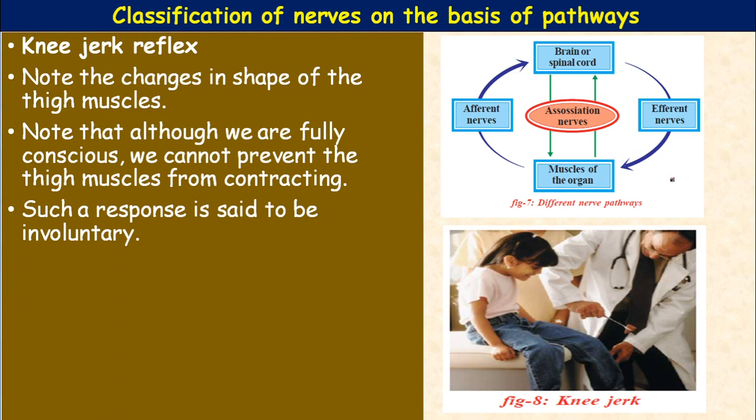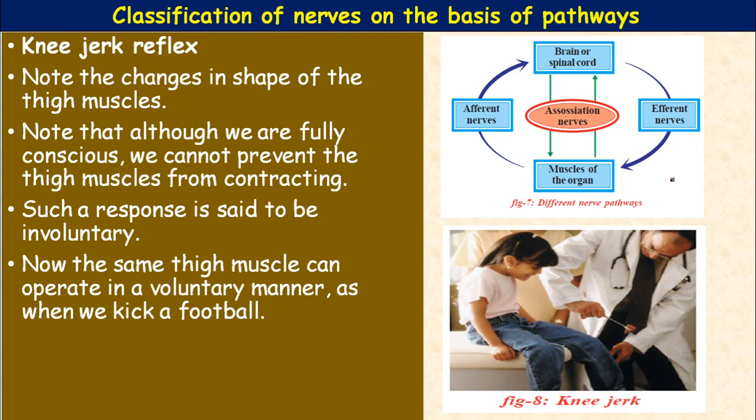What is the meaning of involuntary? The actions which take place without involvement of the brain, without our will and wish. Such actions are called involuntary actions. Now the same thigh muscles can operate in a voluntary manner, as when we kick a football. Willfully we kick a football, and the thigh muscles contract.